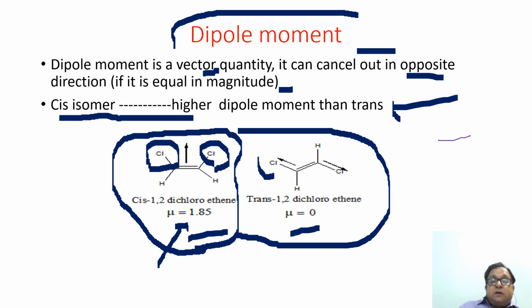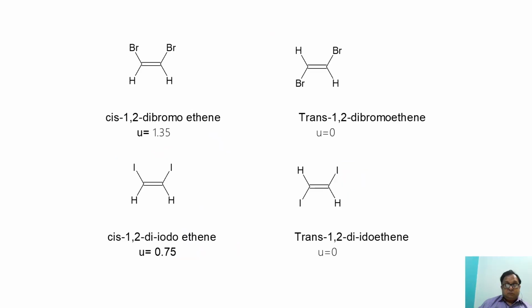In the trans isomer, the chlorine atoms are present on opposite sides, or on the diagonal sides, so they cancel out each other because they are equal in magnitude and opposite in direction. In this example, the bromine atoms are on the same side, therefore the value of dipole moment is 1.35.